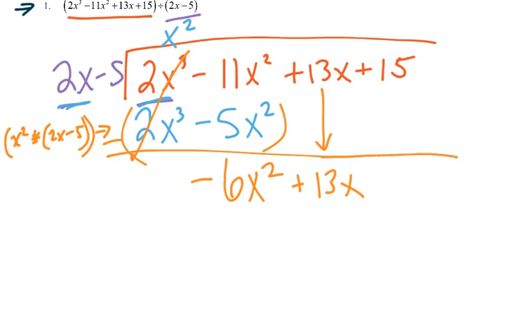From there, we're going to figure out, what do I multiply 2x by to have it match negative 6x squared? That's going to be a negative 3x. If I multiply negative 3x times 2x minus 5, what do we get?